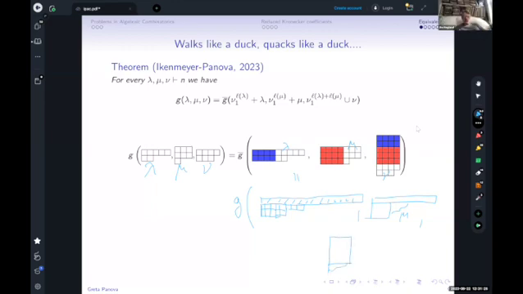Greta, can you prove this combinatorially? Yes, that's what I'm going to do now. Combinatorially, using Schur functions. Because we still don't have a combinatorial rule for any of this, we cannot use that.